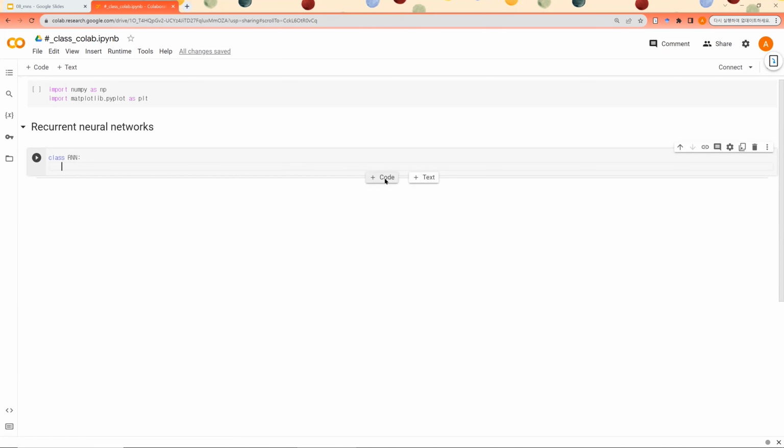Similar to normal computation modules, we need to define the initializer, the forward, and backward.